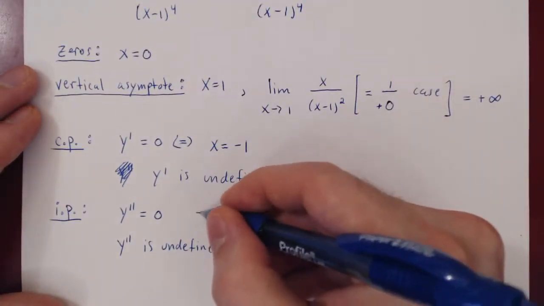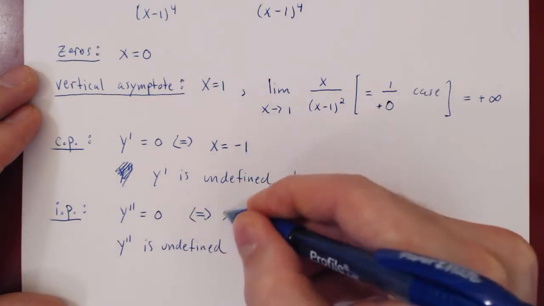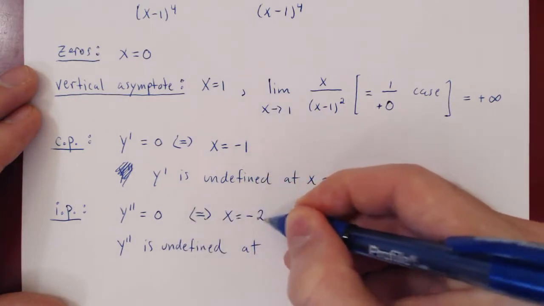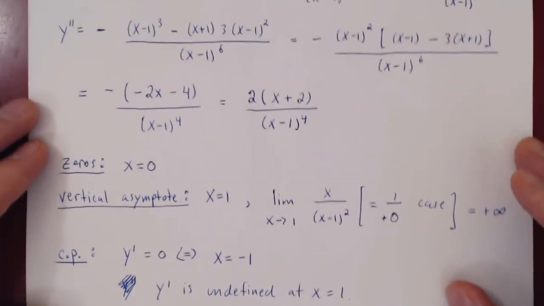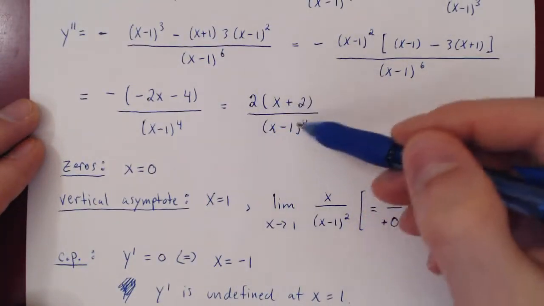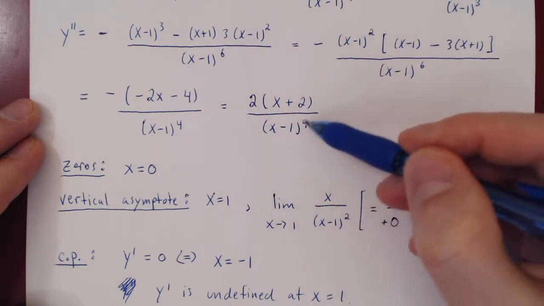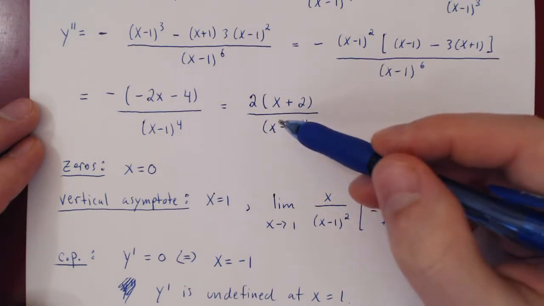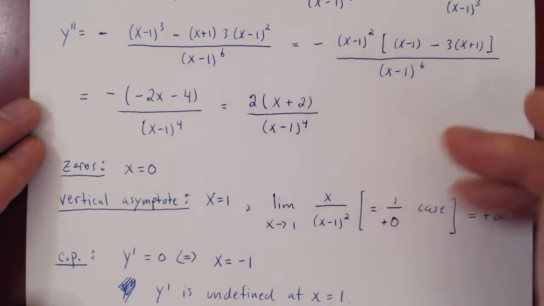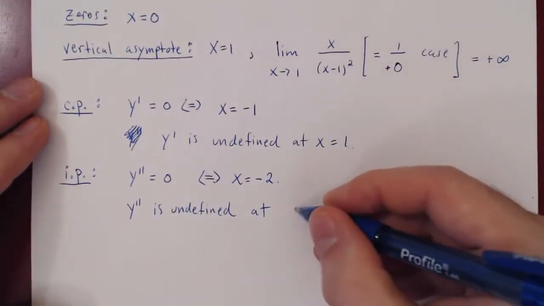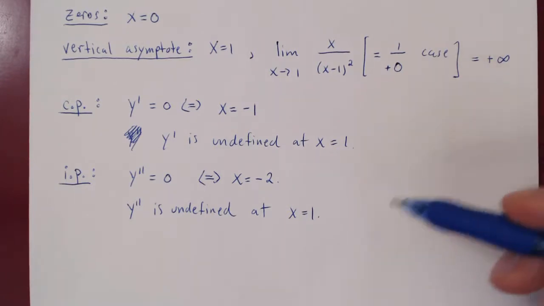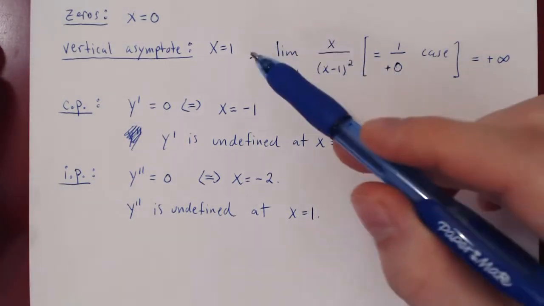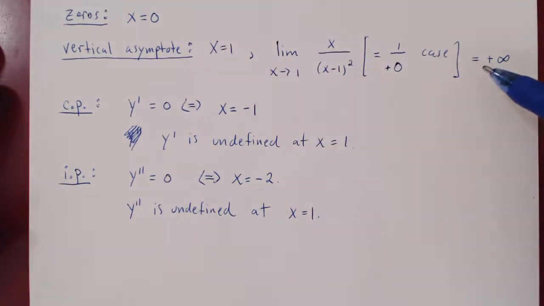So we have a possible inflection point at x equals negative 2, where the second derivative is 0, but the second derivative being a fraction is also undefined if x equals 1 again, because we have a division by 0 if x equals 1. But once again, this should not be surprising because we already knew that we had a vertical asymptote at x equals 1.